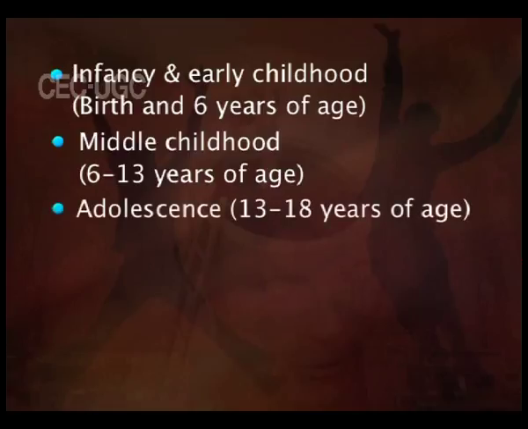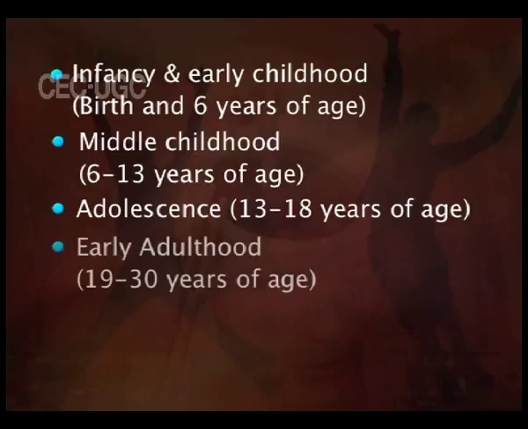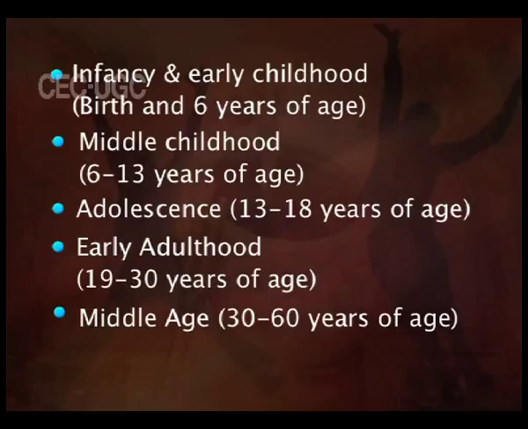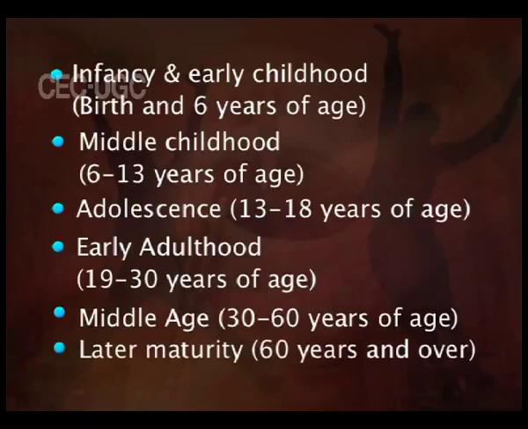The third stage is of adolescence, where we are looking at teenagers aged between 13 and 18 years. Then comes early adulthood, consisting of adults aged 19 to 30 years. And then we have middle age, 30 to 60 years. And finally, we have later maturity, which consists of old adults who are aged 60 years and over.